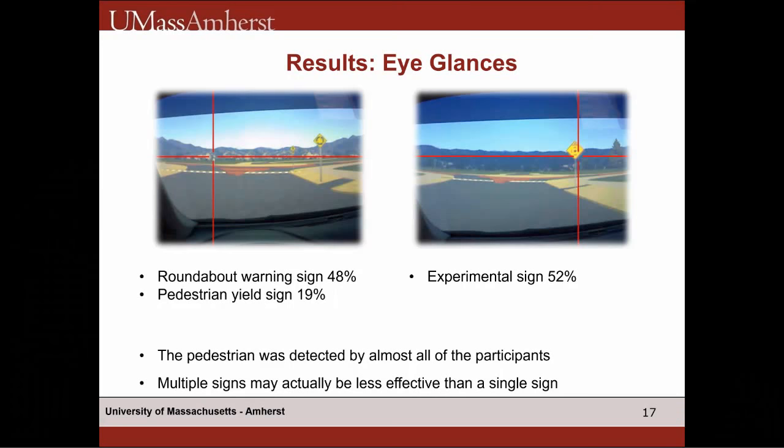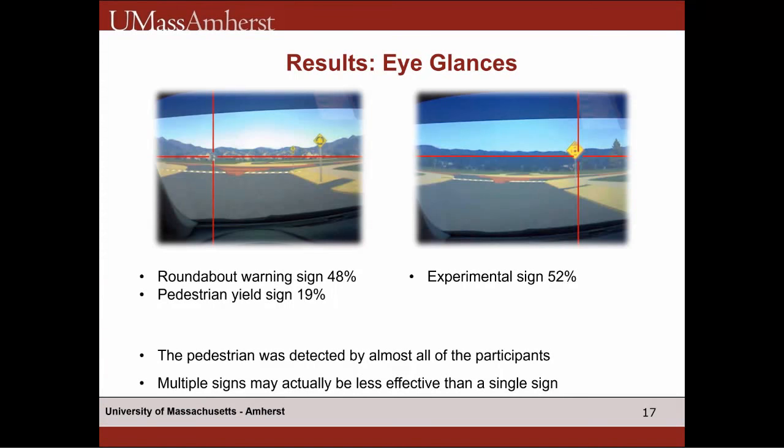I just wanted to make sure that I knew where that second sign was located, because if it's only getting glanced at 19% of the time, it doesn't seem that effective.